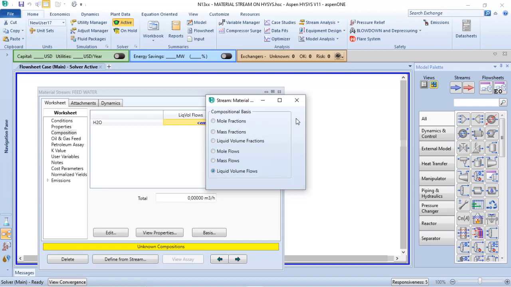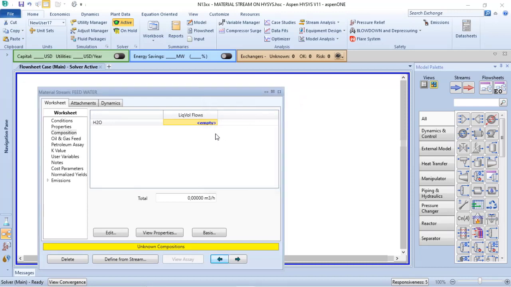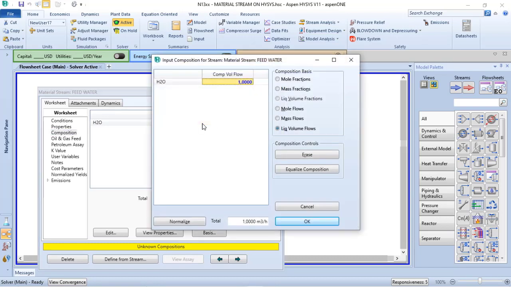Another way to change the composition basis of your process simulation is by adding some value to the tab where you need to define the composition of your stream. For instance, if I type 1 and click enter, a submenu will open, and you also have the option to change the composition basis of your process simulation.